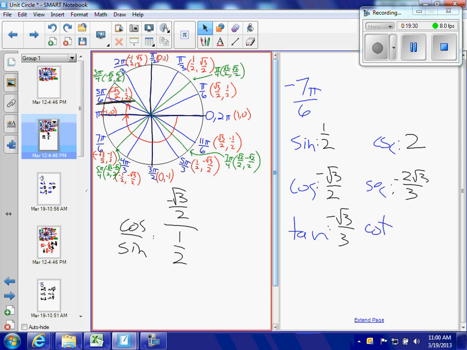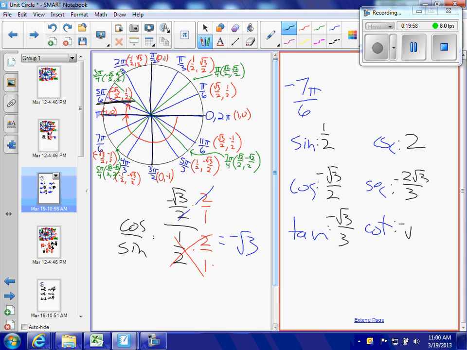Let's multiply by 2 over 1 on the denominator, 2 over 1 in the numerator. That cancels out. Looking at this, I can see that my 2's are going to cancel out. So my cotangent is going to be negative radical 3. And that's going to go right up here, negative radical 3. And there's the bell.